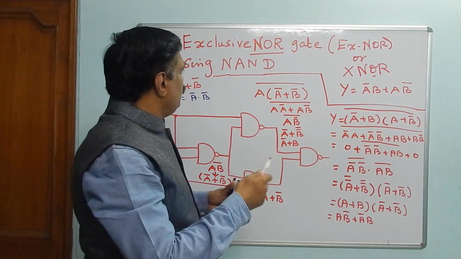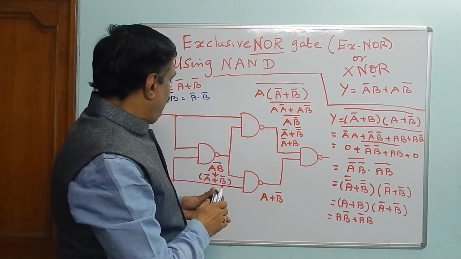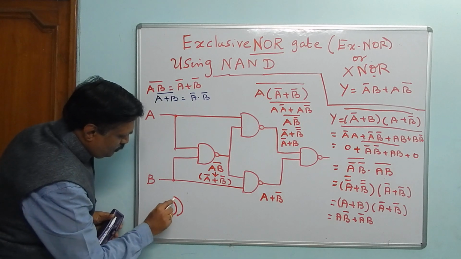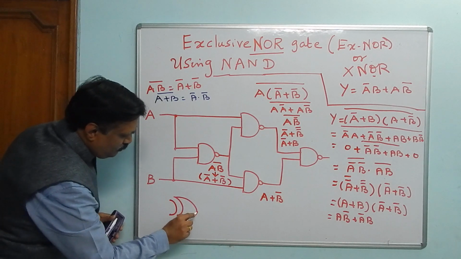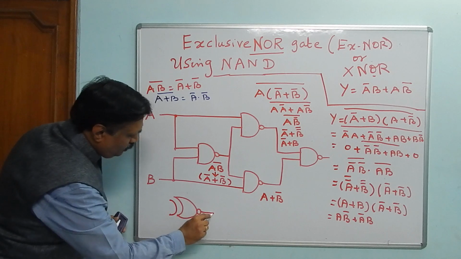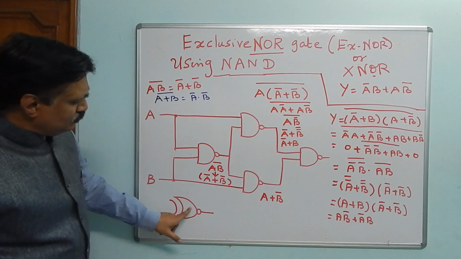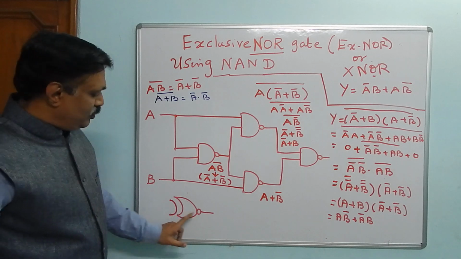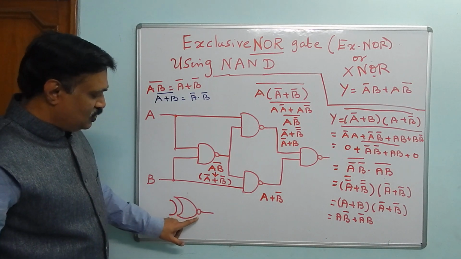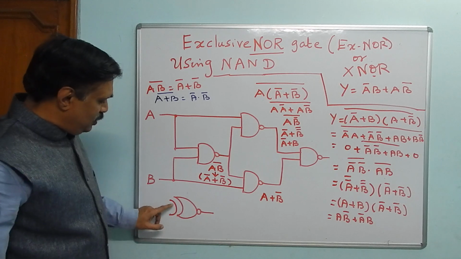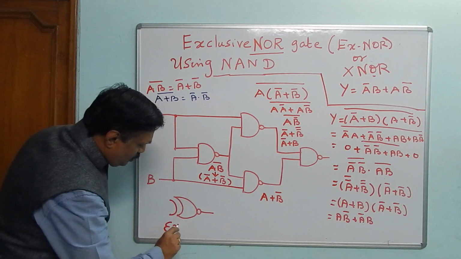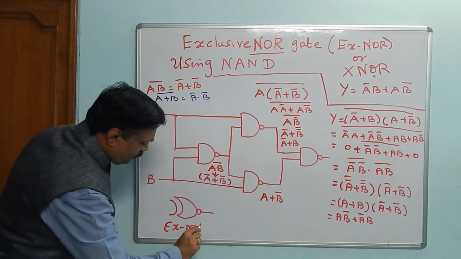After this one you are getting, again, the symbol for this. This is XOR. If you put one circle here, then it is XNOR. If you don't put it, then it is XOR. If you put a circle here, it means XNOR. This is the XNOR gate.